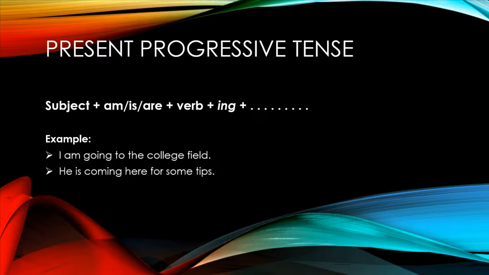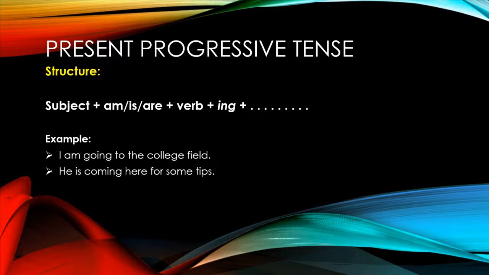Let's see the structure. It says subject plus am, is, are, which is known as the auxiliary or helping verb. Then we add the verb, and with the verb we add ing. See the example: I am going to the college field.